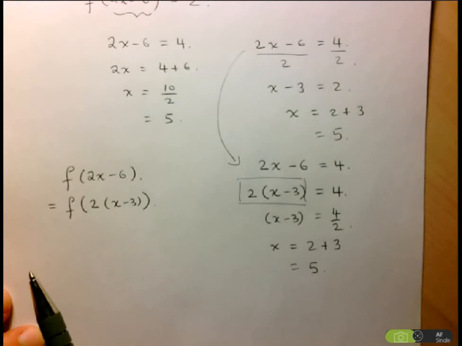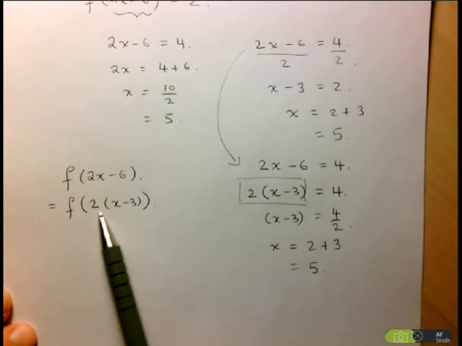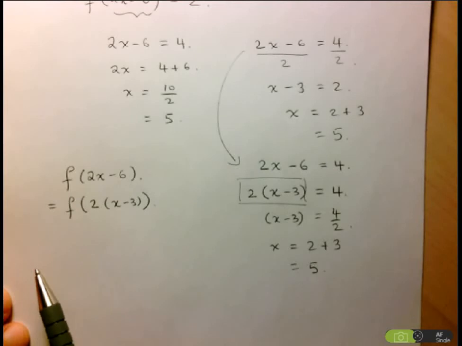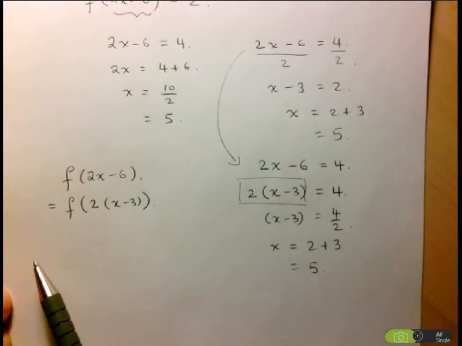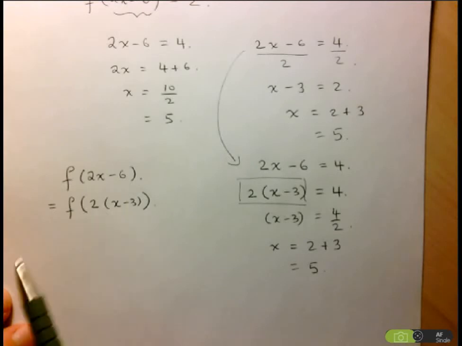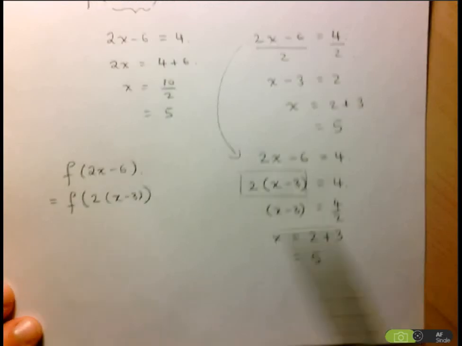Okay, so in other words, when I'm considering horizontal transformations, I always need to make sure that the input is in factored form. If I want to correctly identify the transformations just by looking at the numbers that are operating on x, I need to have it in factored form.